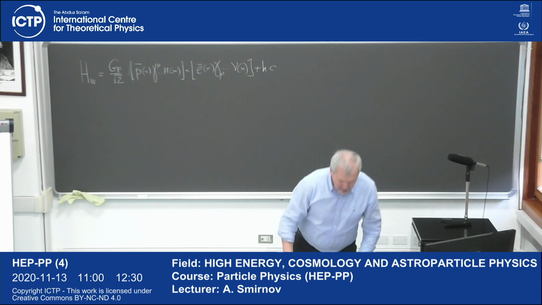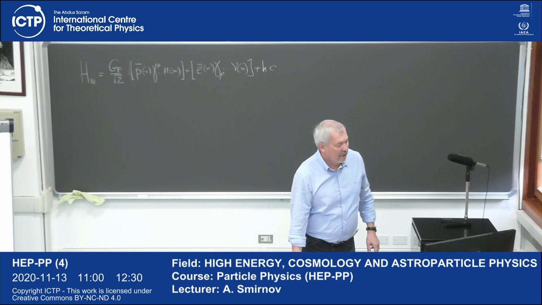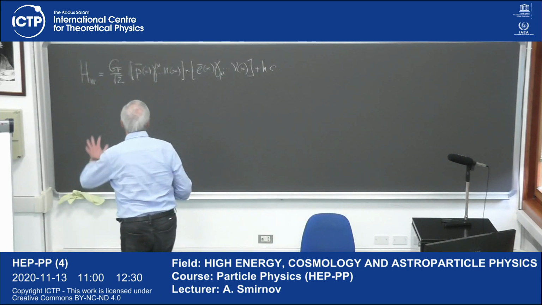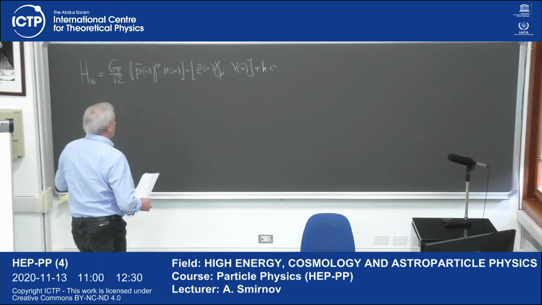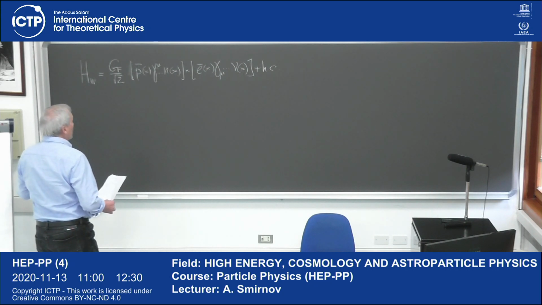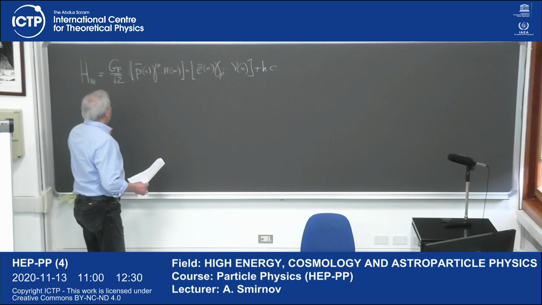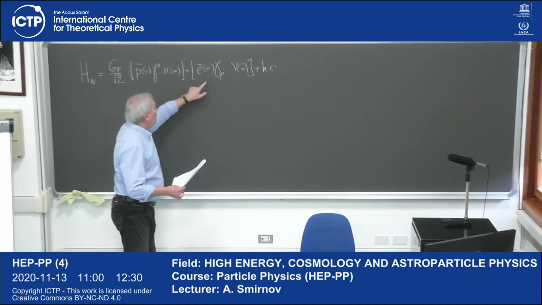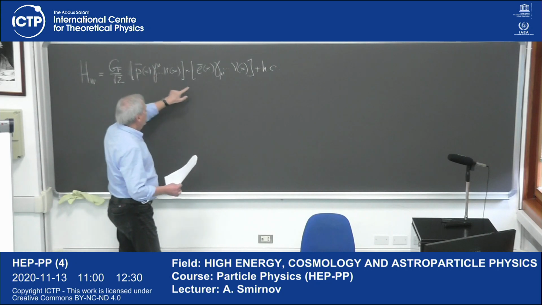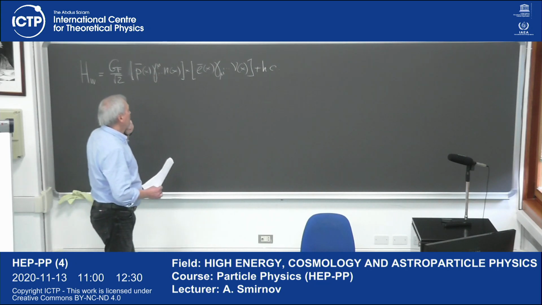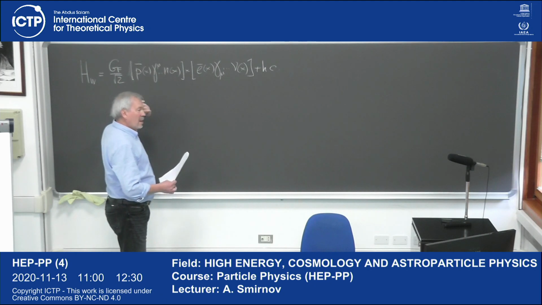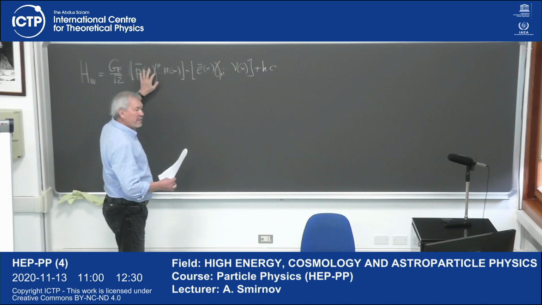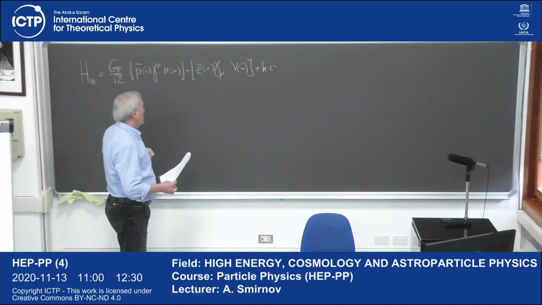So let us continue to discuss the theory, Fermi theory of the weak interactions. I have reproduced here the Hamiltonian which Fermi has proposed to describe beta decay. What we have here is the Fermi coupling constant and the product of two currents. Here I have written vector currents, and I put dots, which means that this is not a complete story, and eventually we will see that there is also, apart from the vector current, an axial vector current.